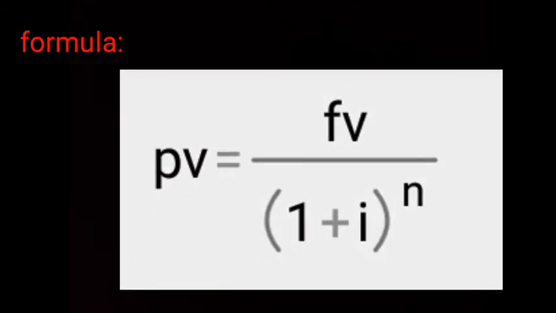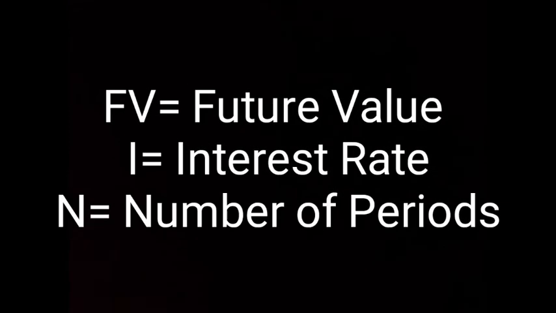As mentioned, the present value PV can be derived from the future value formula and is given as follows. The formula for present value is present value equals future value over 1 plus interest rate raised to the number of periods, where FV is future value, I is interest rate, and N is number of periods.